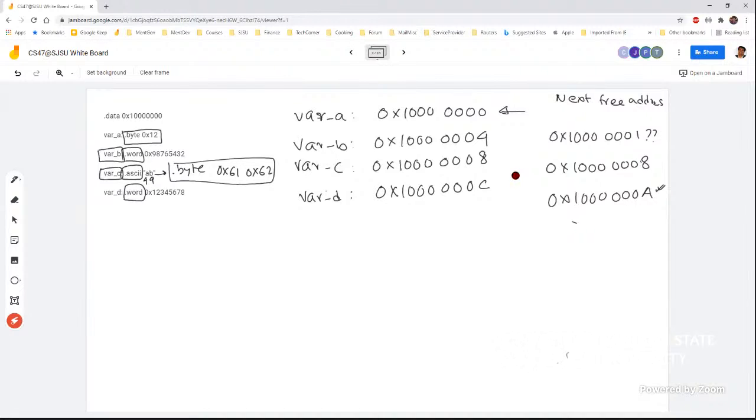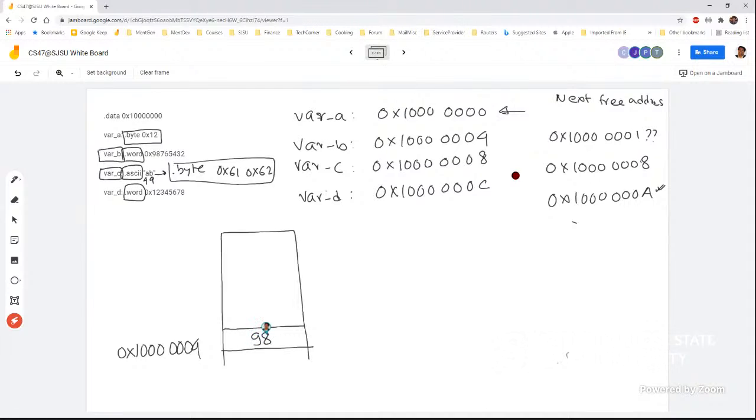Right? So if you want to draw a picture of the memory, let's say this is my address 10000004. So you are occupying this address and you are placing this data, 98765432. Let's say it is big endian.